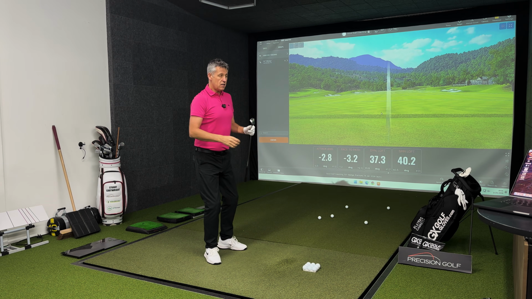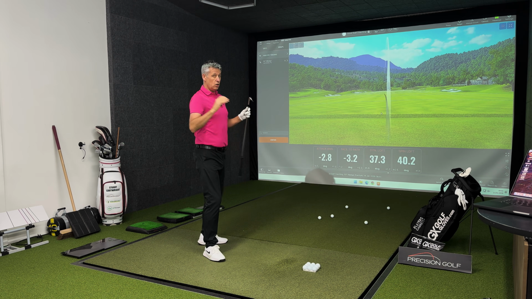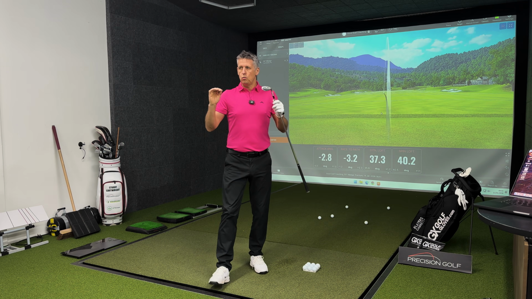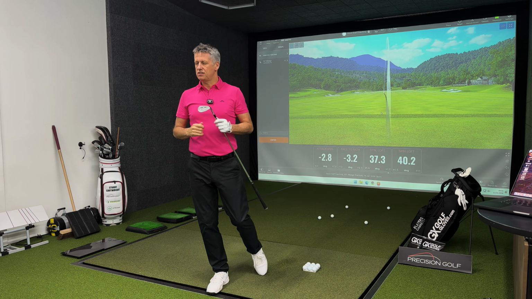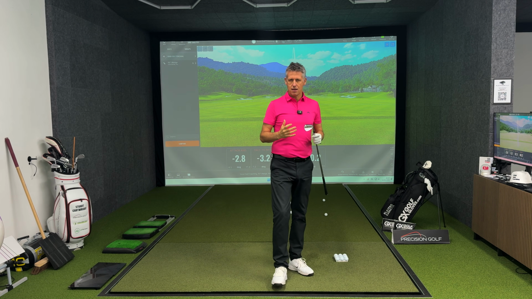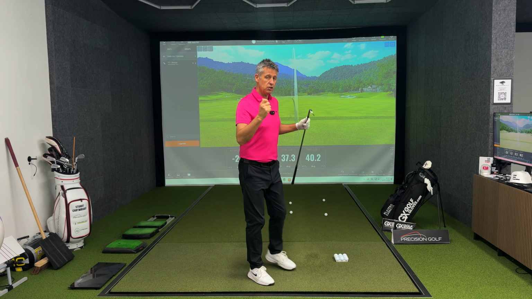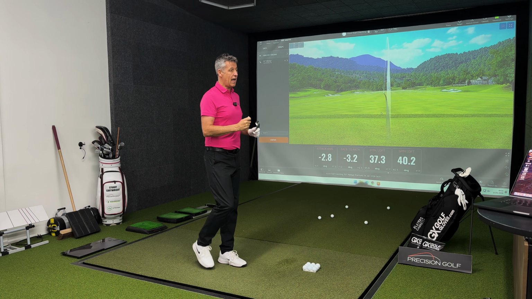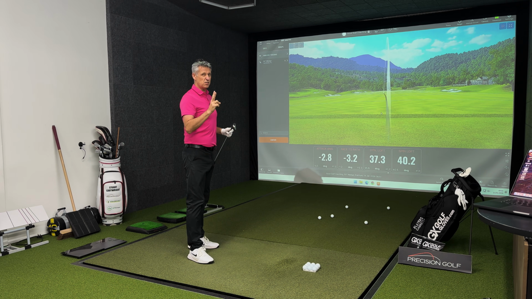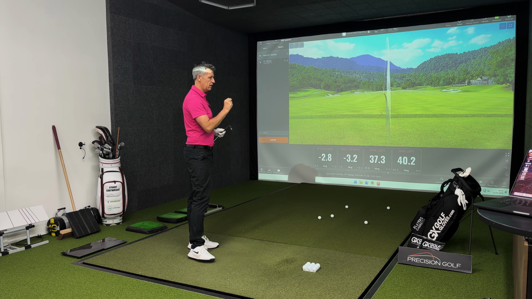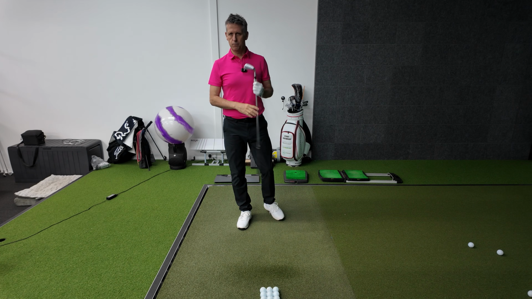You can see that the varying loft figures will make the ball go at different distances. Now, I'm not particularly getting involved with the same speed of swing. I haven't got a distance in mind, so I wouldn't expect my dynamic loft to be the same. But what is going to control that dynamic loft more than anything else are two figures: the angle of attack and the face to path value.